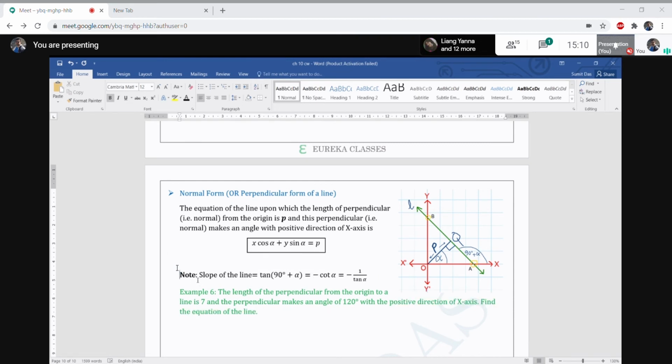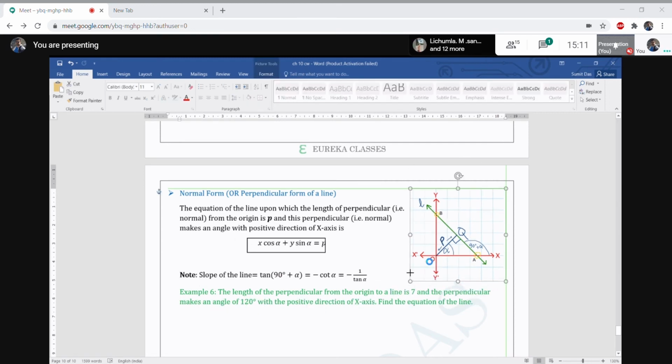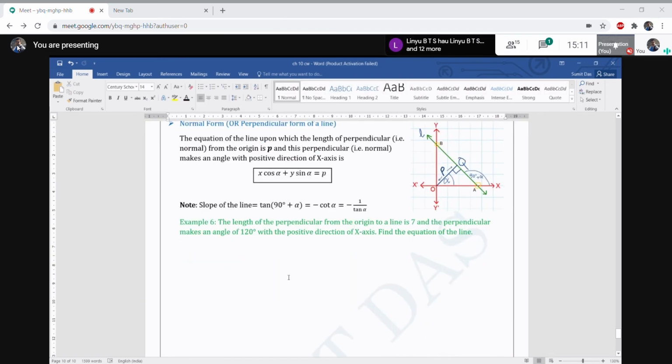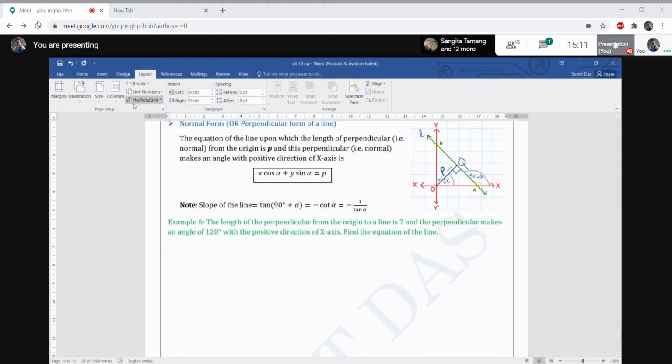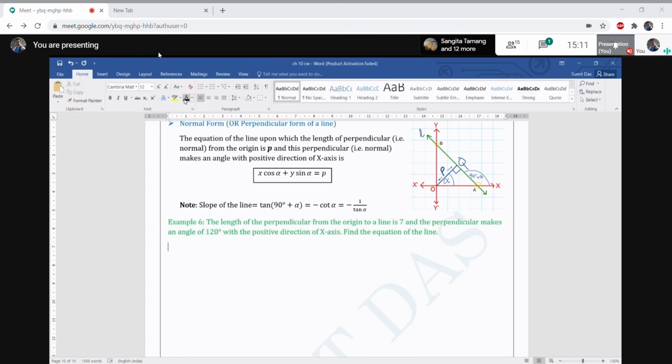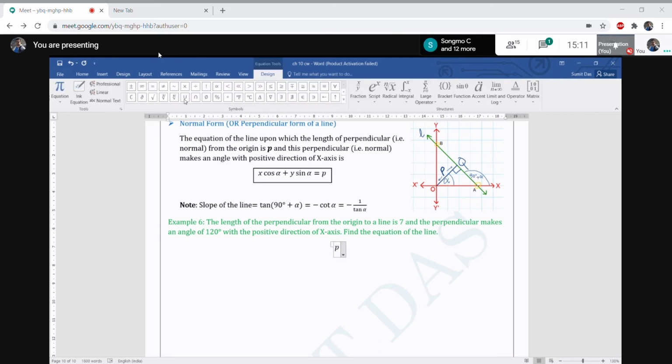Now let's do one question, then I'll move toward the exercise. The question is saying the length of the perpendicular from the origin to a line is 7. Here it is given P is equal to 7, and the perpendicular makes a 120-degree angle.